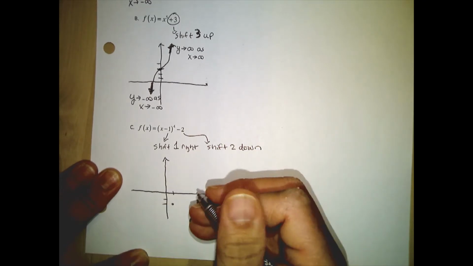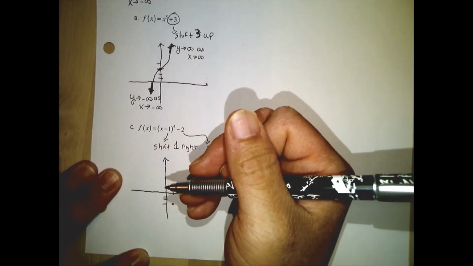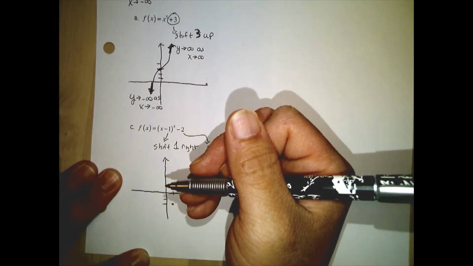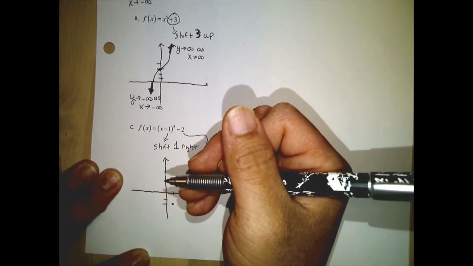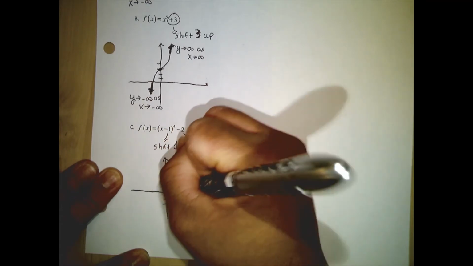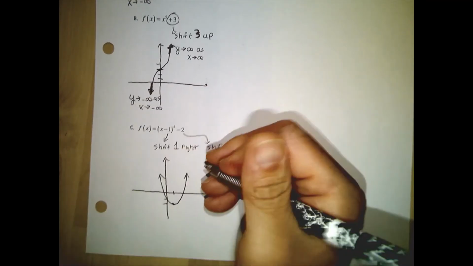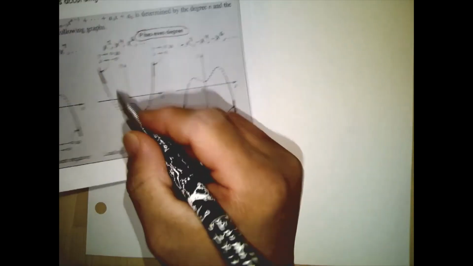I know what the end behavior is because it's the same as y equals x to the 4th. So here we go. So this will look like this. Easy enough. So again, the end behavior for y equals x to the 4th you can find right here on this sheet.